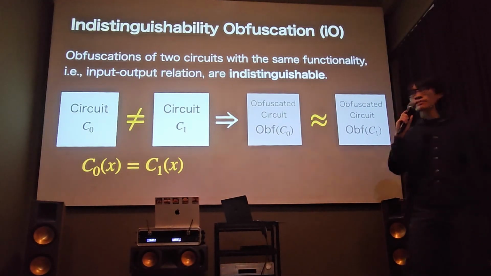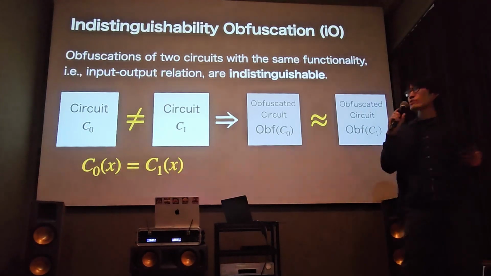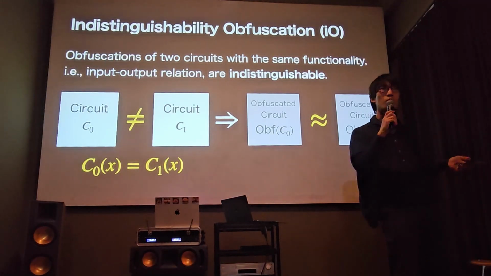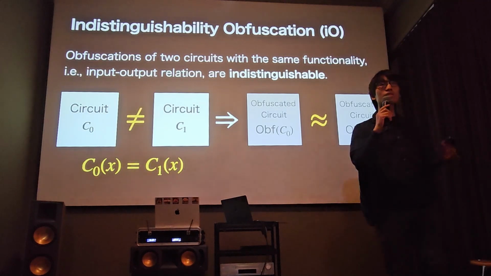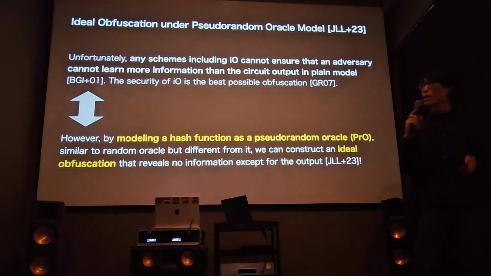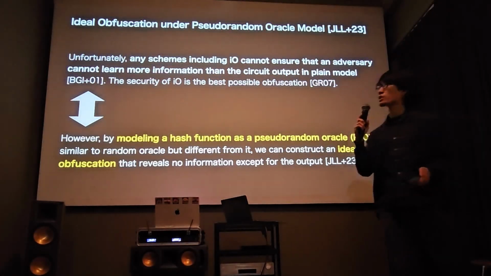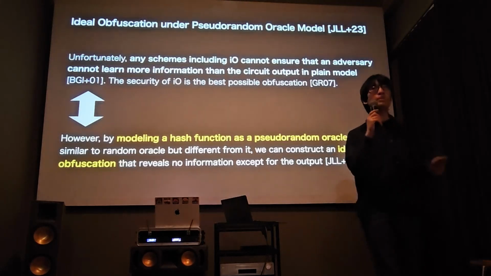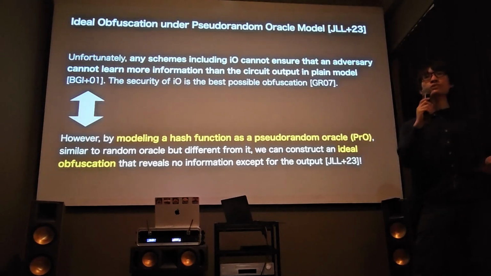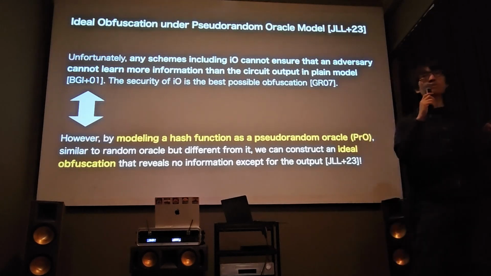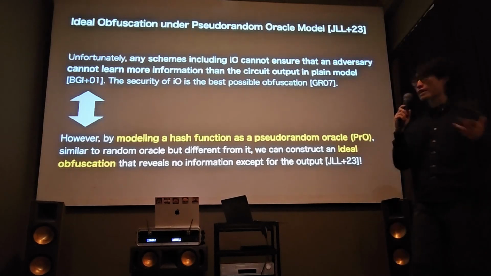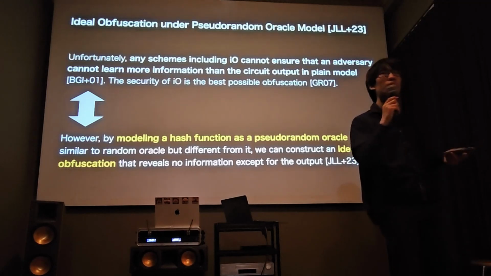But maybe you think this security definition is not so useful, or we want a stronger, clearer security definition. But unfortunately, we cannot say we can construct some obfuscation which only reveals the information about the circuit output in a plain model.